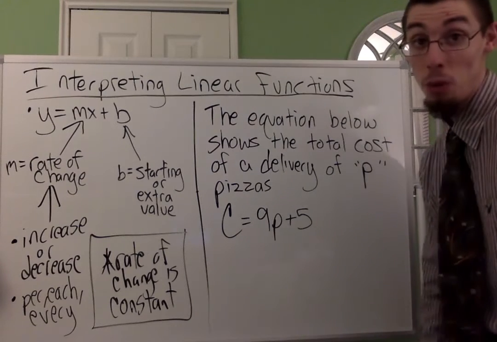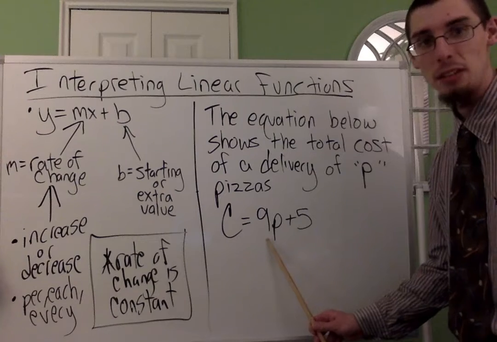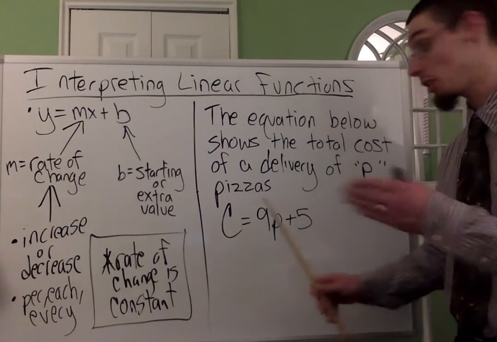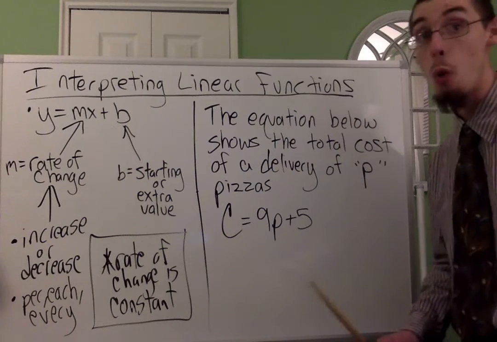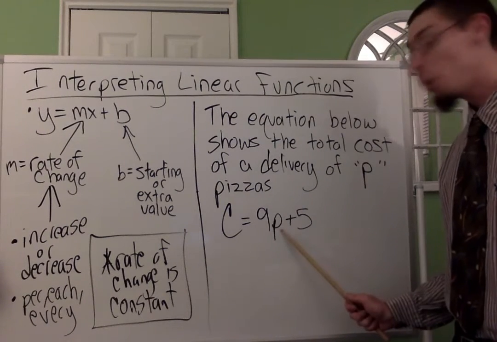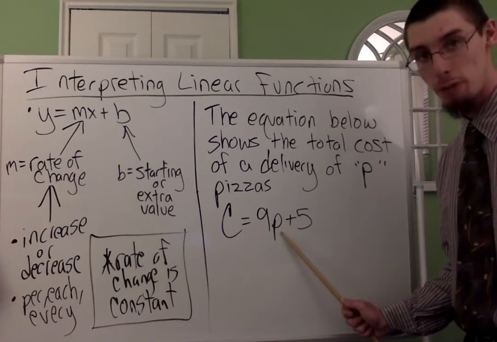What a lot of people want to say, mistakenly, is that there are 9 pizzas, because they see 9P. P stands for pizzas, so it must be 9 pizzas. No, not at all. So remember what P is. P is the number of pizzas, right?